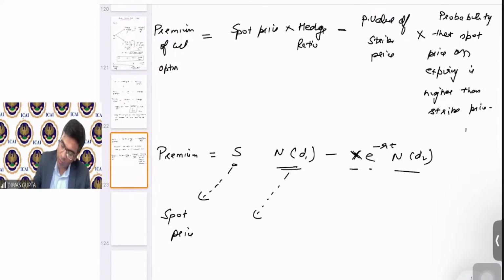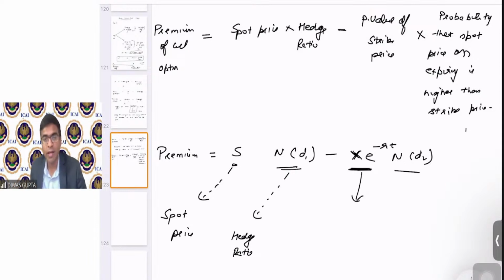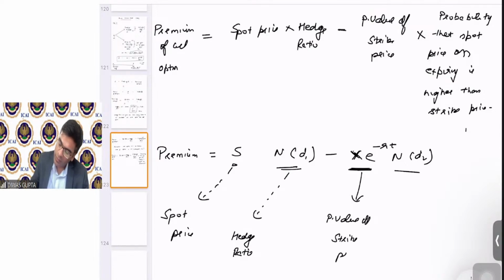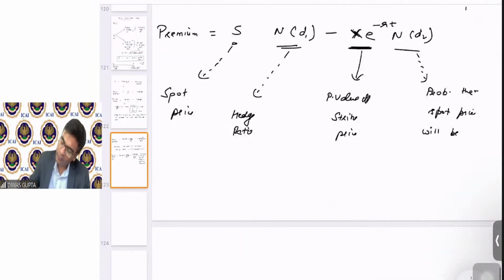N(d1) is the hedge ratio. This is the present value of strike price. X is the strike price and e raised to the power minus RT is the present value factor. So this is the present value of strike price. N(d2) is the probability that spot price will be higher than strike price.